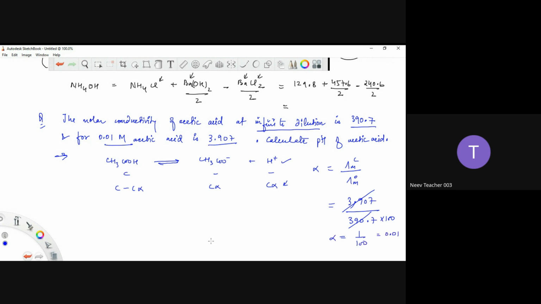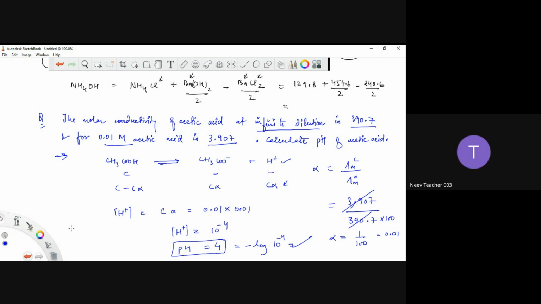Then the concentration of H plus is C alpha. C is 0.01 times 0.01, that comes out to be 10 to the power minus 4. So pH will be minus log 10 to the power minus 4, which is 4. Correct? Yes or no? Tell me.